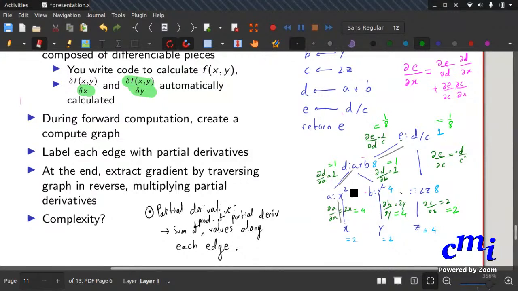You do a forward pass where you calculate the value at each node, and also the value of these partial derivatives, so these light blue and light green values. And then finally, you do a backward pass where you traverse back down via the graph, take each path, take the products along the paths, and then sum them up to get the final gradient, the partial derivative of your function with respect to each input.